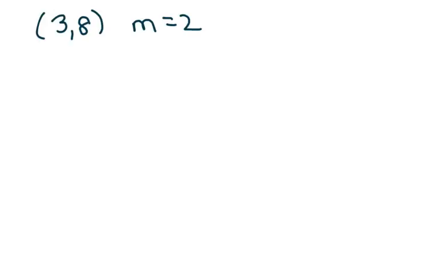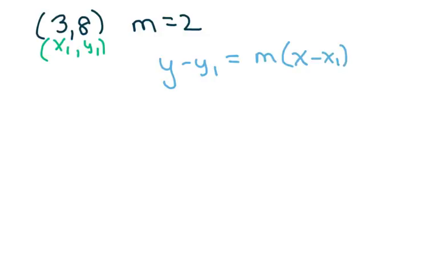My point is 3, 8. That's my x and y, and there's my slope. So I'm going to write my formula down. y minus y sub 1 equals m times x minus x sub 1. And you just substitute.